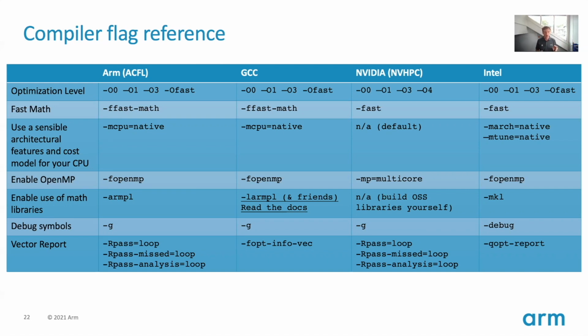Then finally, you can ask the compiler to give some diagnostic outputs about what it did and why it made that choice. On GCC, -fopt-info-vec will give you information about vectorization. On LLVM-based compilers, which include the NVIDIA compiler and Arm compiler for Linux, you give an option of -Rpass, and then you specify some string.